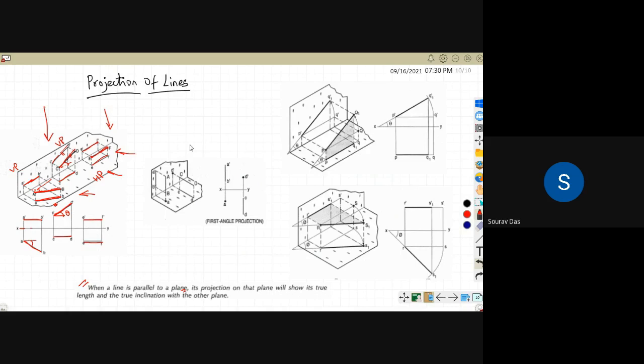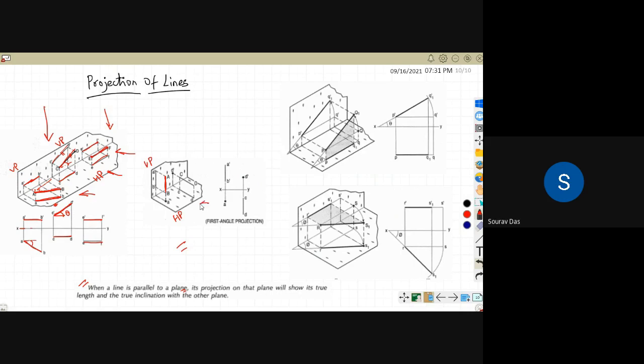Now when the line is perpendicular to one of the planes, in this figure, say this line AB is perpendicular to this horizontal plane and parallel to the vertical plane.